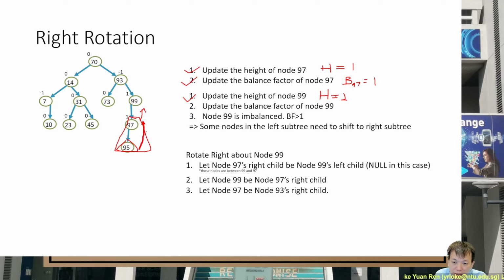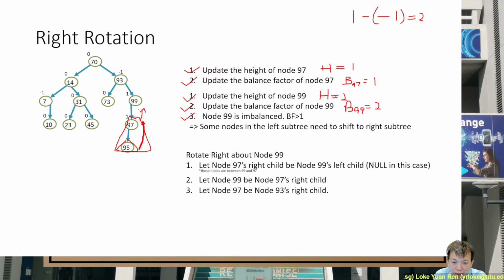Because at 97, the height of the left subtree is 1 and the right subtree is -1, the balance factor at 99 at this moment is 2. So that's not okay. I need to do the tree balancing at node 99, so I need to do the rotation.